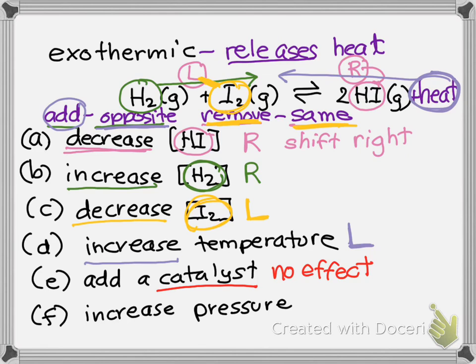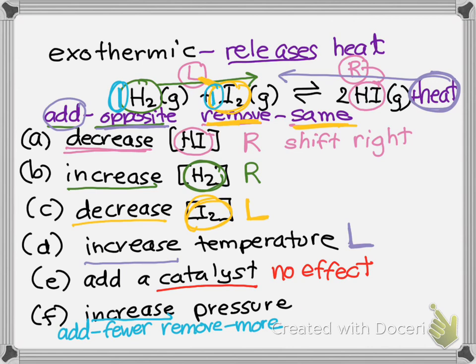And now finally, pressure, which remember has different rules. If we add, it goes to the side with fewer moles. If we remove pressure, decrease it, it goes to the side with more moles, and we're increasing pressure. So we look, this side has a 1 and a 1.